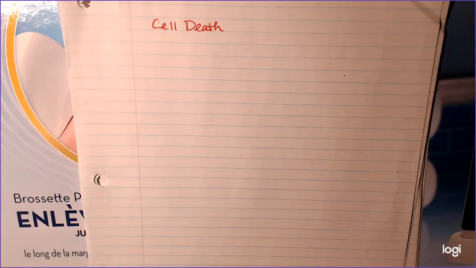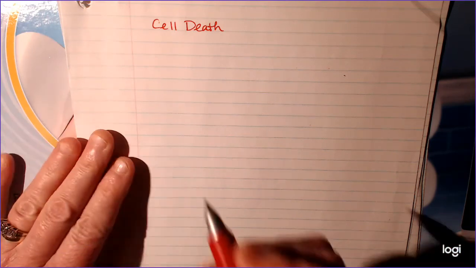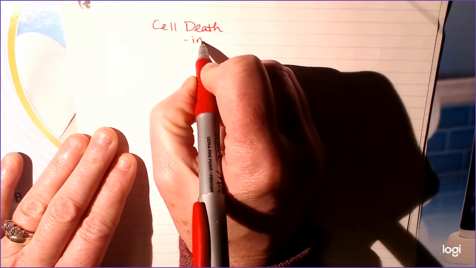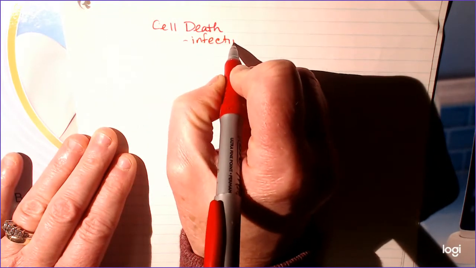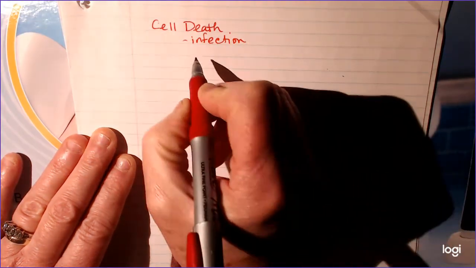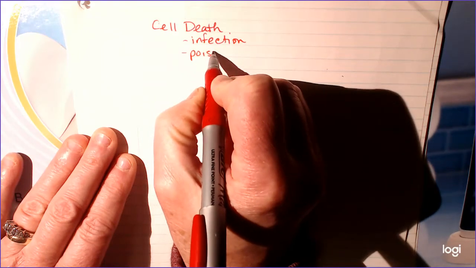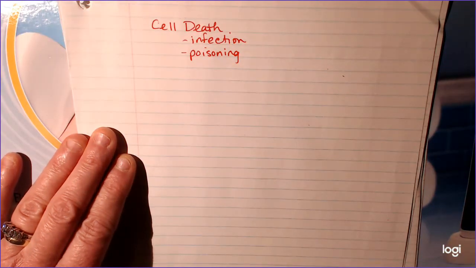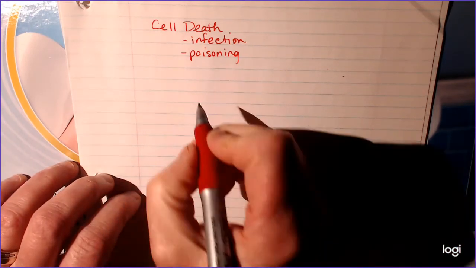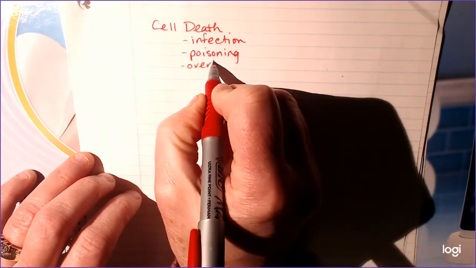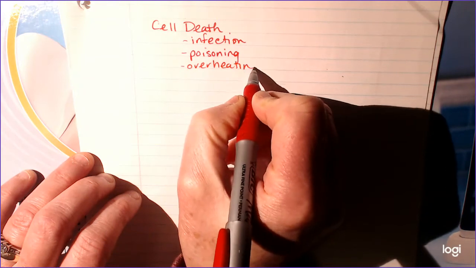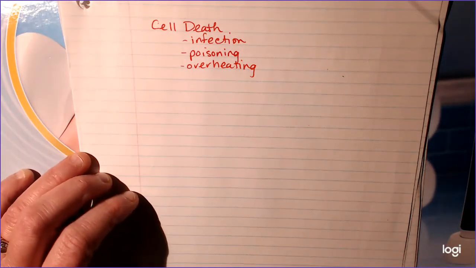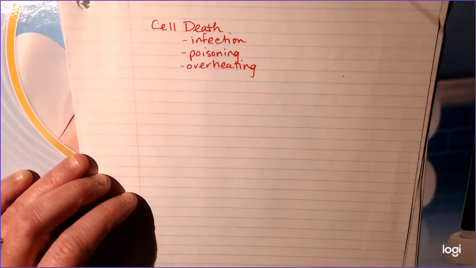And we can have all sorts of different reasons why cells die. We can have a type of infection. We can have poisoning of cells. Now, I'm talking about any type of cell, so plant, animal, bacteria, any type of cell. We can have overheating, which is one reason why we sterilize things at high temperature so that we overheat and kill bacteria.